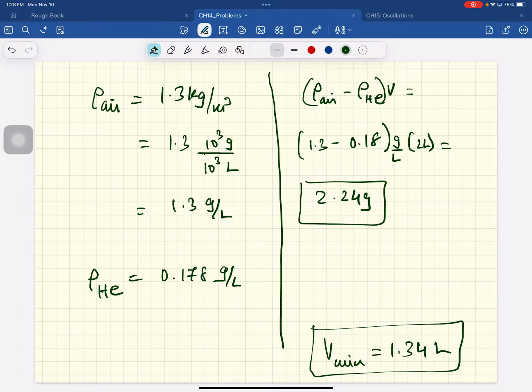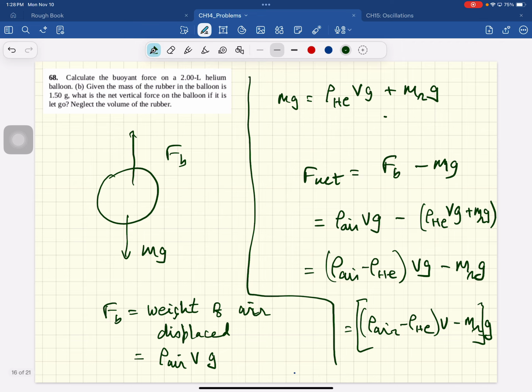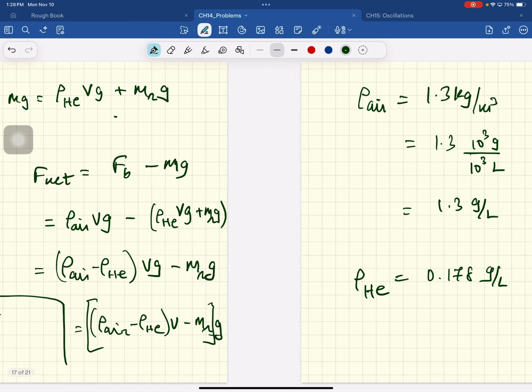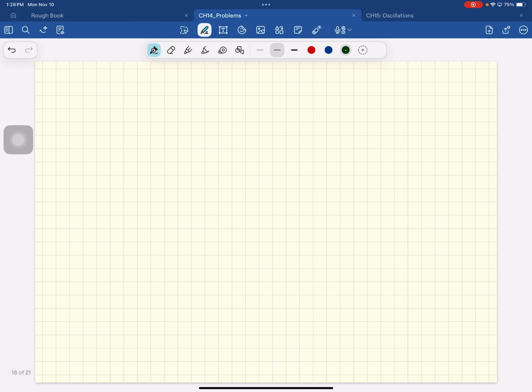There's a great story. But first, just for the heck of it, we'll calculate the acceleration of this balloon. Acceleration is the net force upward divided by the mass.